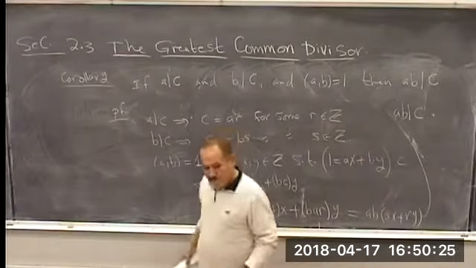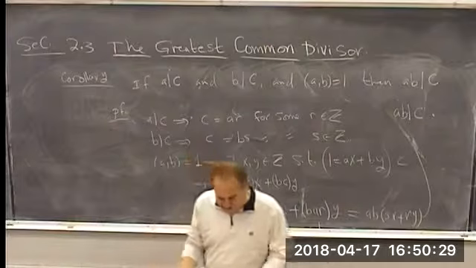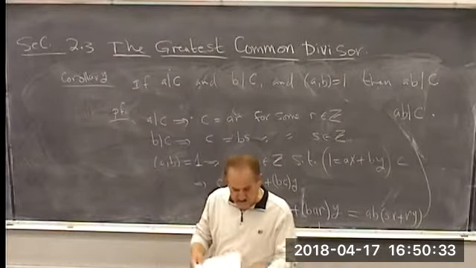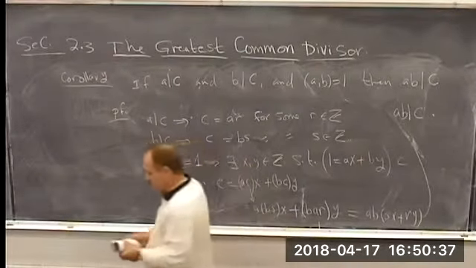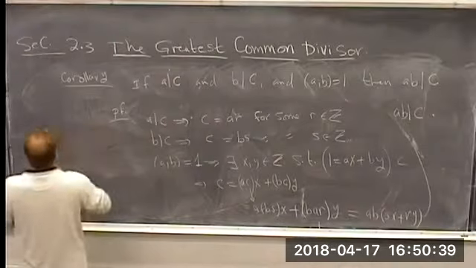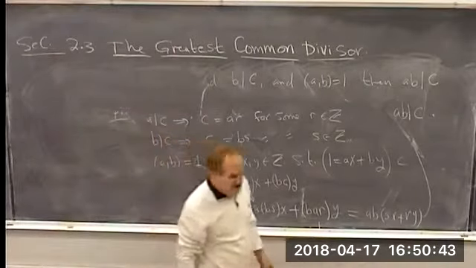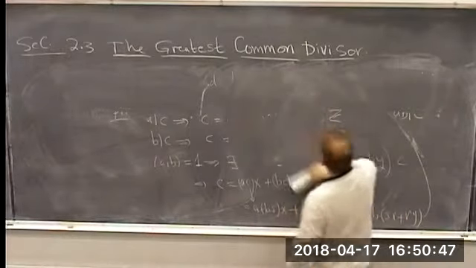All right. Please look next at what I want to do. Here is a very important lemma. It's called Euclid's lemma. And this is given as theorem 2.5. Okay.